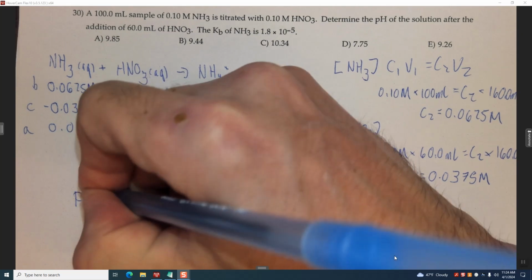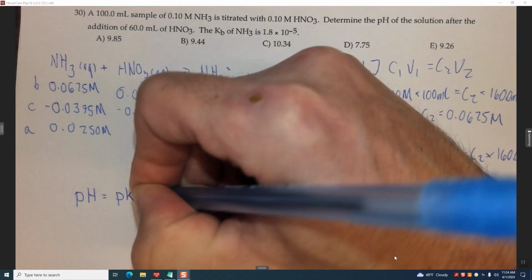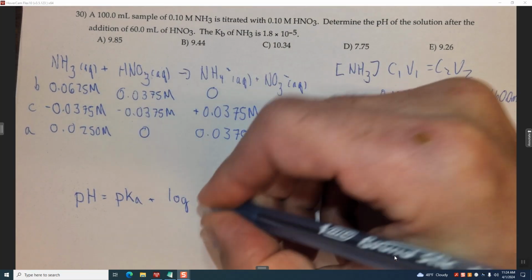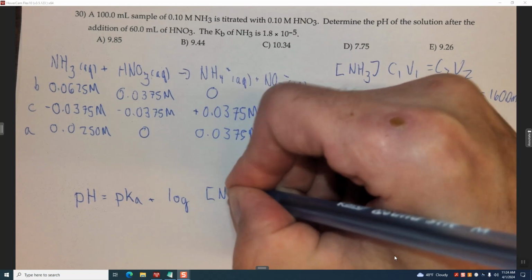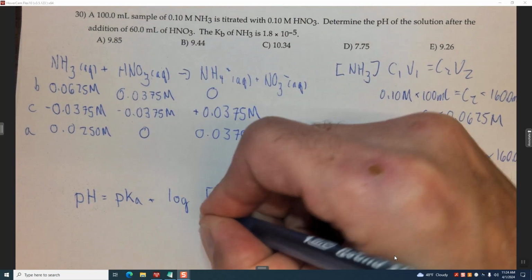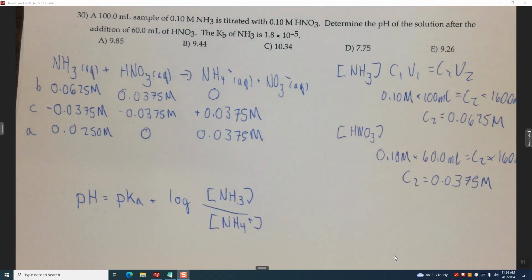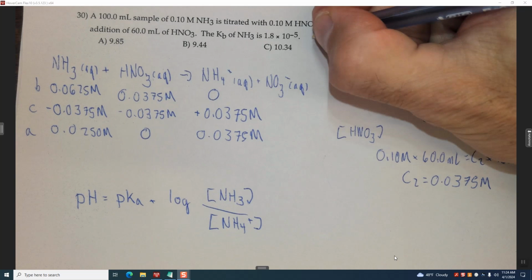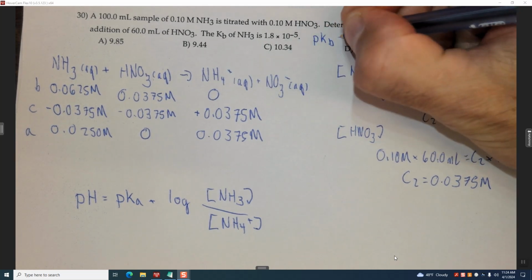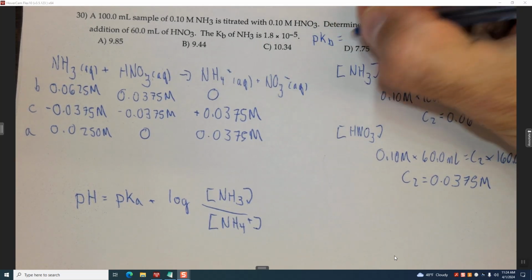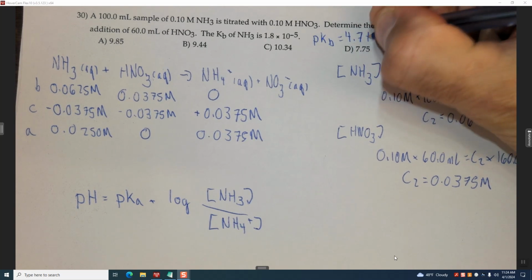So pH equals pKa plus log the concentration of base, NH3, divided by the concentration of NH4+, its conjugate acid. But we have a Kb. We can find the pKb by just taking the negative log of the Kb, which is going to be 4.74.